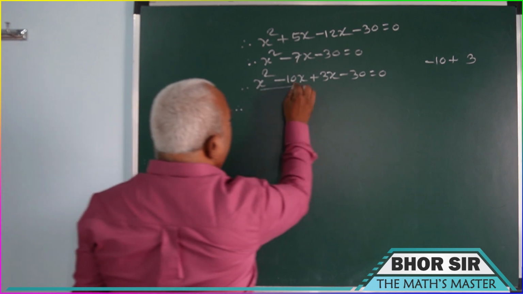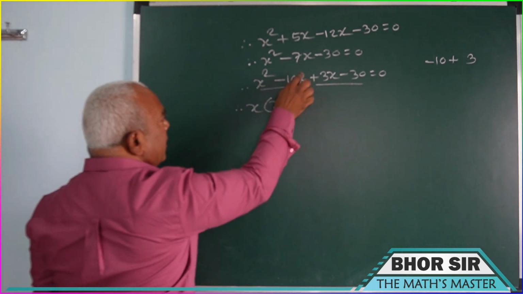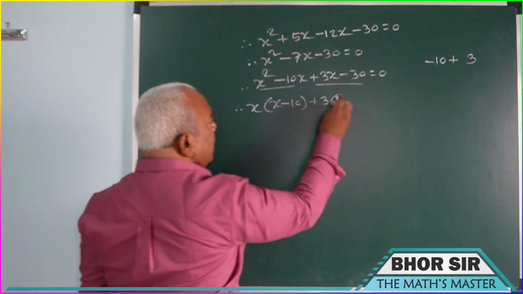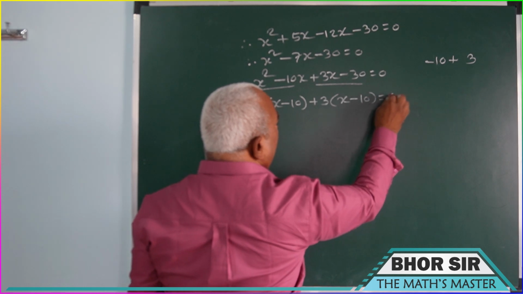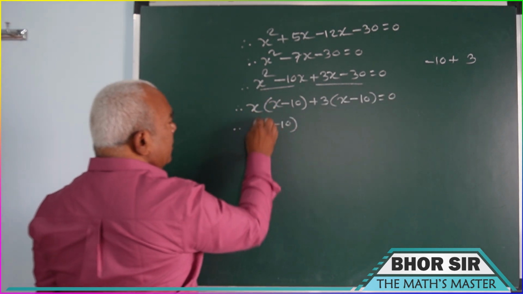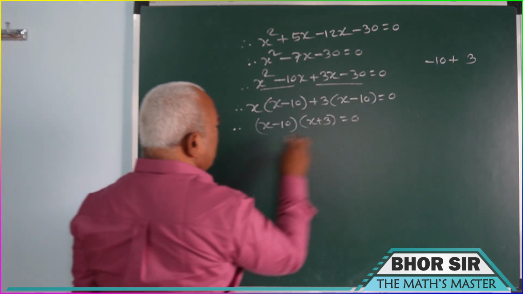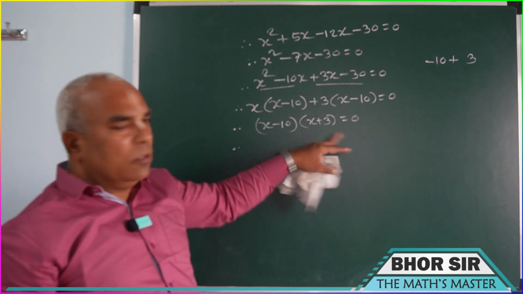Now here x is common. From x square, x common; from minus 10x plus 3x, the x cancels, leaving x minus 10 in one bracket, and x plus 3 in the other, equal to 0. Now, as usual, we write each bracket equal to 0.